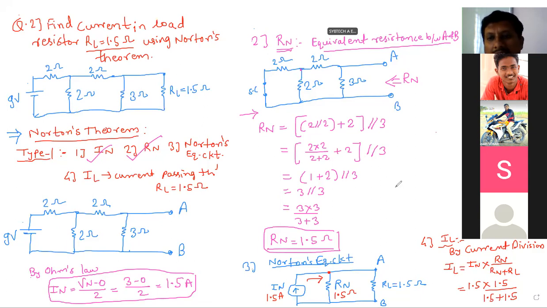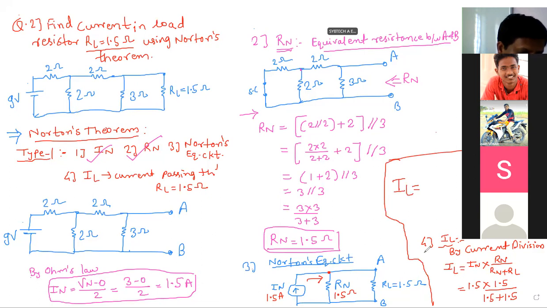Do the calculation and tell the IL value. So this will cancel 1.5, and this will be 3, so it will take 2. So 1.5 divided by 2. Can I get 0.75? This answer is correct. So the current passing through the load resistor is 0.75 ampere.